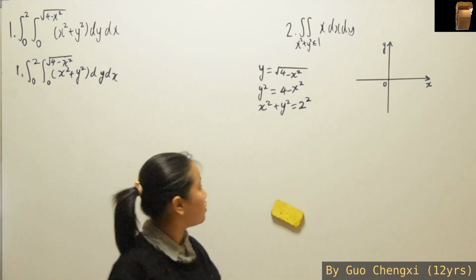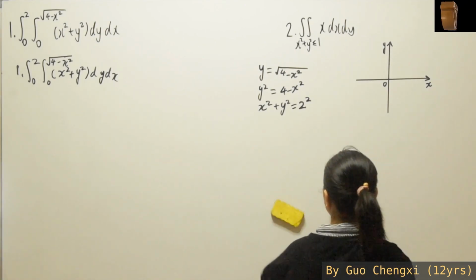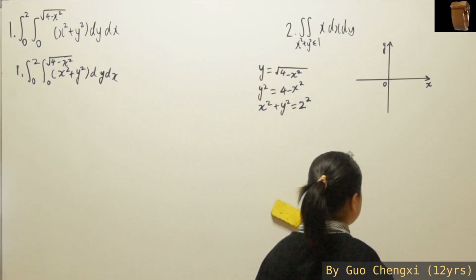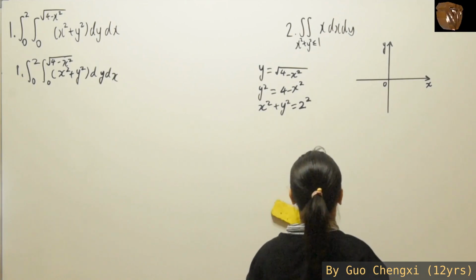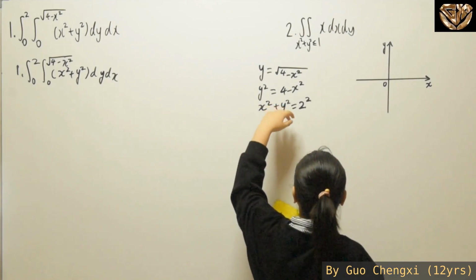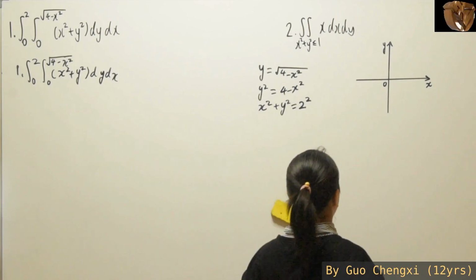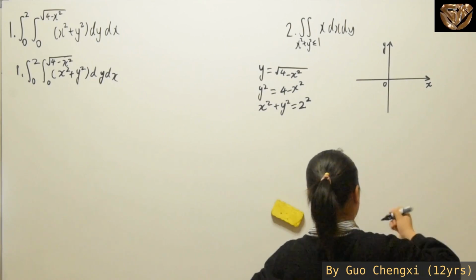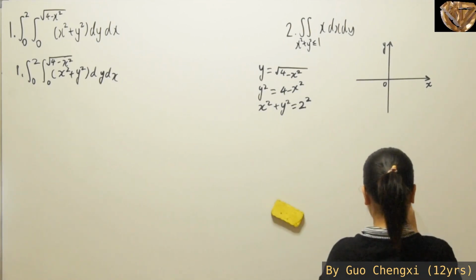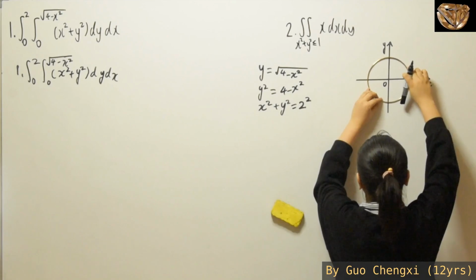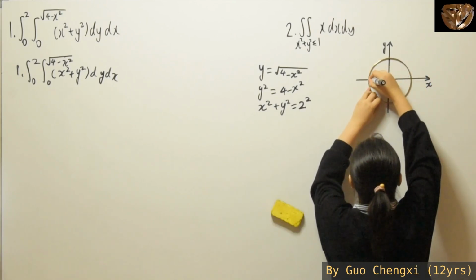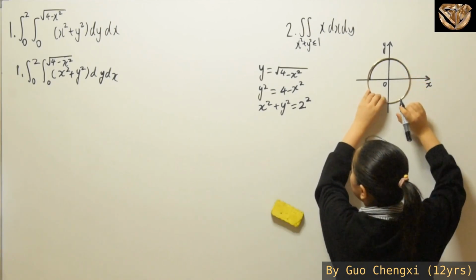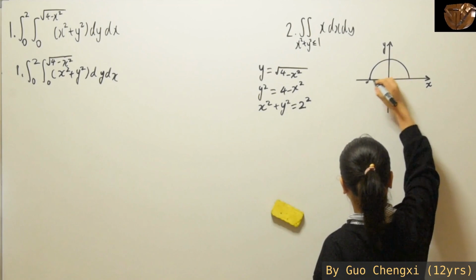But hold on, when you square, even if the square root is positive or negative, you will end up getting a positive anyway. But when you trace it back, we only have the positive part for y, so you only have a semicircle. In fact, it is the top half of the semicircle since it is positive. If you want the bottom half of the semicircle, then you need a negative square root of 4 minus x squared.